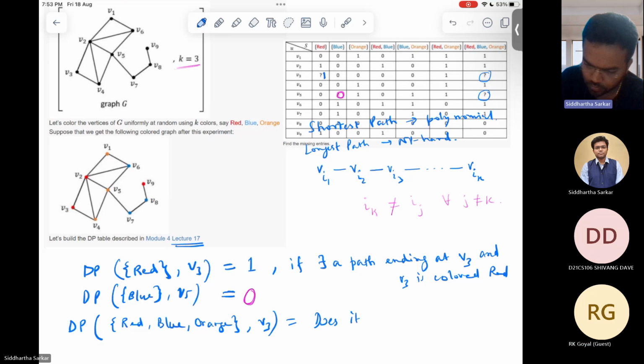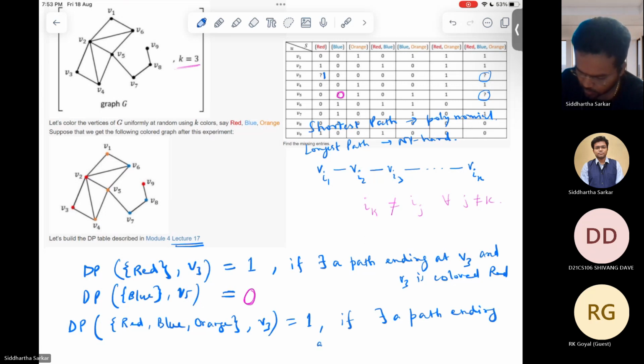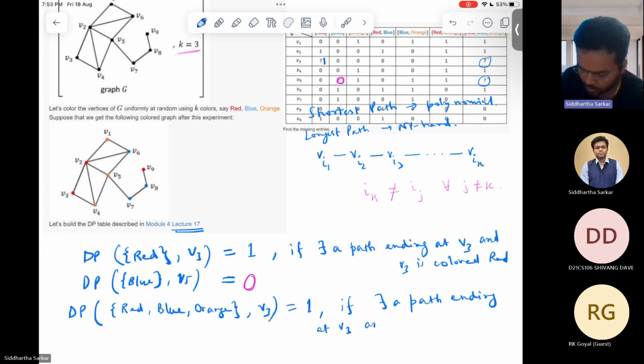This is equal to 1 if there exists a path ending at V3 and V3 is red.